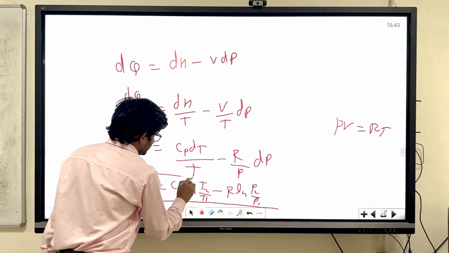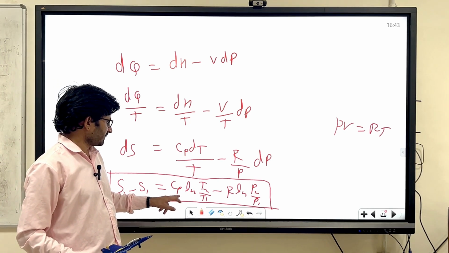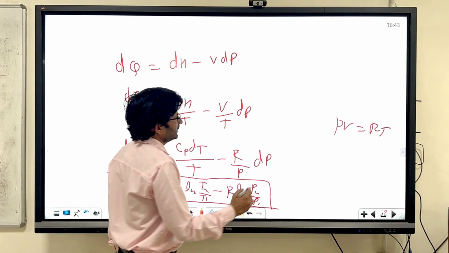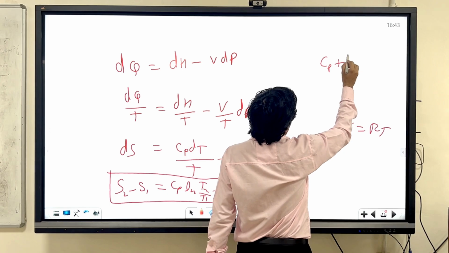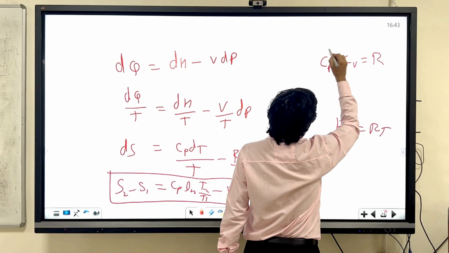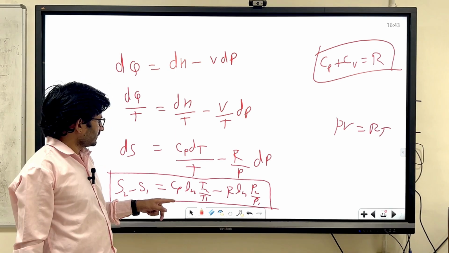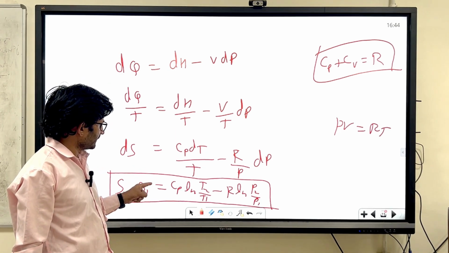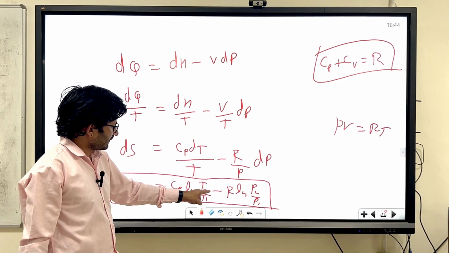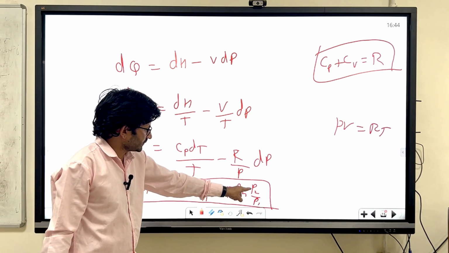So here if you have a pressure ratio, specific heat at constant pressure and gas constant, you can find S2 minus S1. And from the Mayer relation, you know Cp minus Cv equal to R. In the last derivation you have seen Cv ln T2 by T1 minus R ln V2 by V1, but here it is P2 by P1.